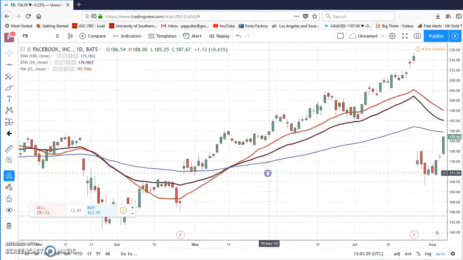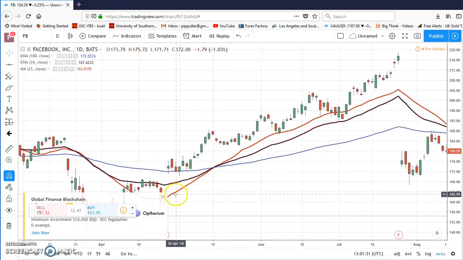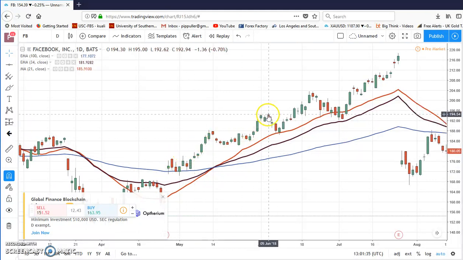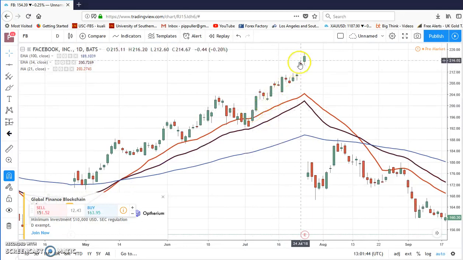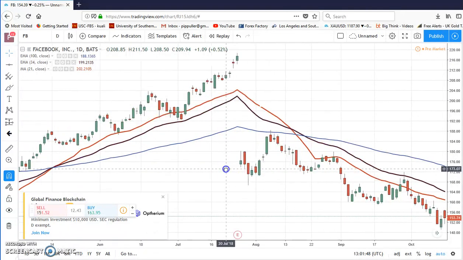So a good example here would be price action moved above all the moving averages. You're waiting for a dip back down to the 34 and maybe a positive action after that. So you would have got a 9 here. I don't know what happened there. 14.